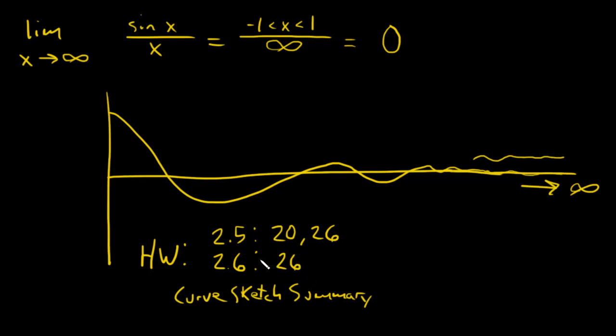So 26 is a little bit tricky, and some of the problems in 2.6 incorporate very strange looking functions. I mean, you've got some functions that look like, oh, that was the worst sketch I've ever done in my life. Try that again.